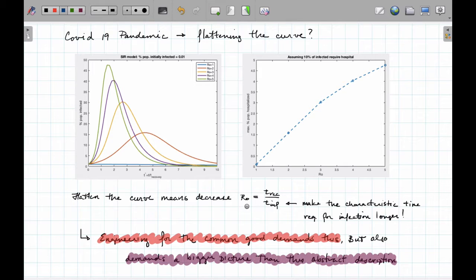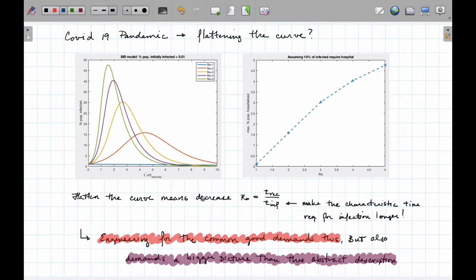An R0 value that's smaller, closer to say 2, what that means is the recovery time is closer to the infection time, and so there's an opportunity for the disease to die out naturally. And what we'd like to do is really reduce this R0 by causing the infection time, the time required for the infection to move through the population, to become longer by separating ourselves from one another.